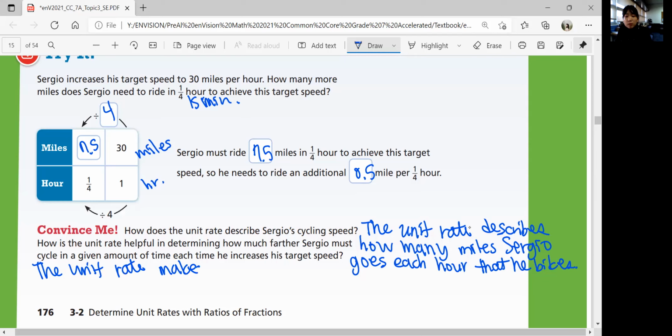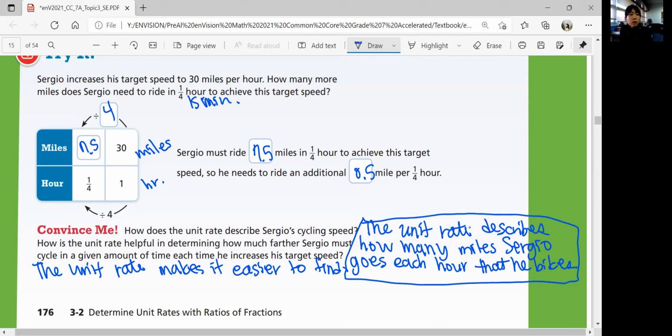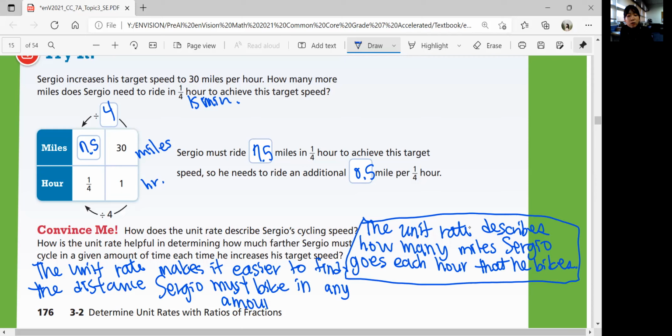Unit rate makes it easier to find the distance Sergio must bike in any amount of time.